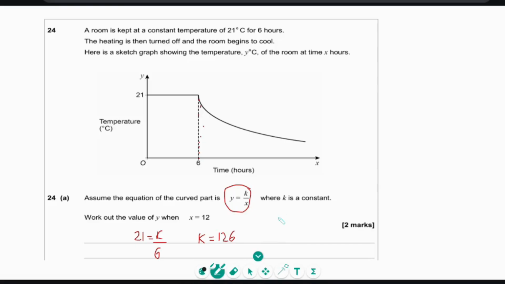So k is always equal to 126. So work out the value of y when x is 12. So y is equal to 126 divided by 12, 10.5.